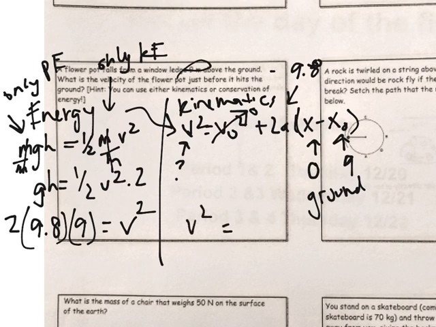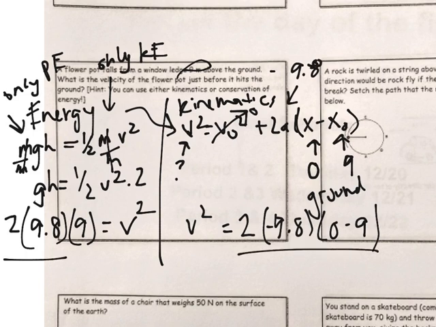Our V naught is 0, we're multiplying 2 times 9.8, it is negative in this case, and 0 minus 9. Hopefully you are seeing the very strong similarities here, which is why they get the same answer. This equation came from conservation of energy. After this, it's plug all this in, square root it. Your numbers here would then give you 13.3 meters per second.